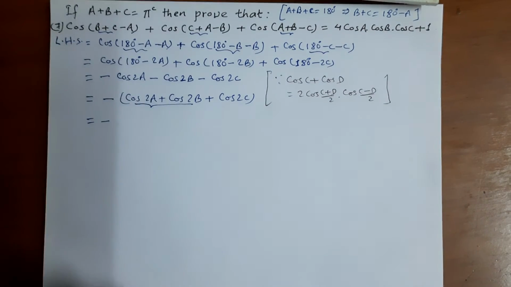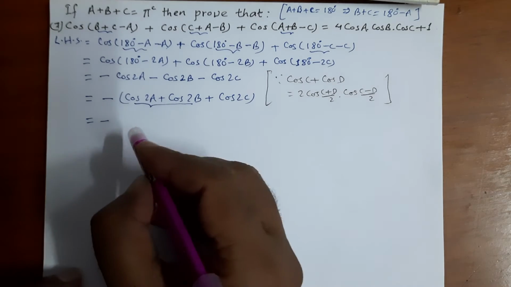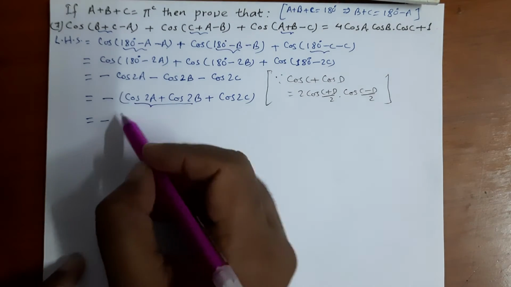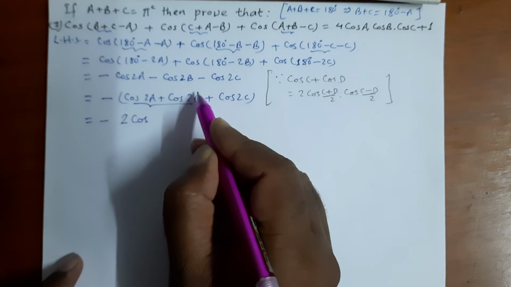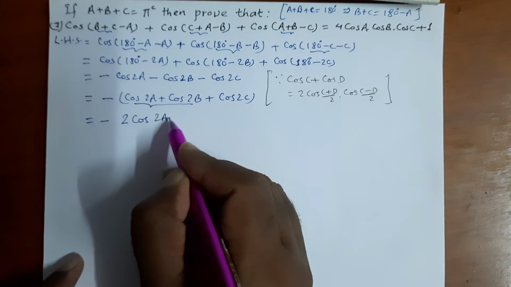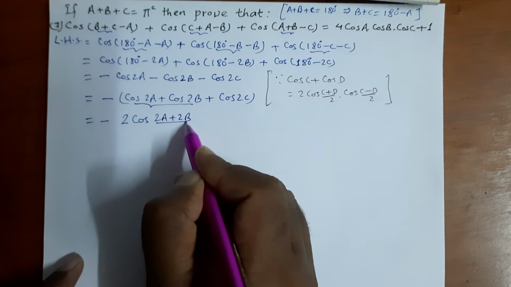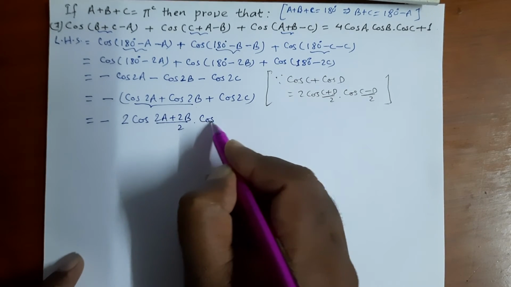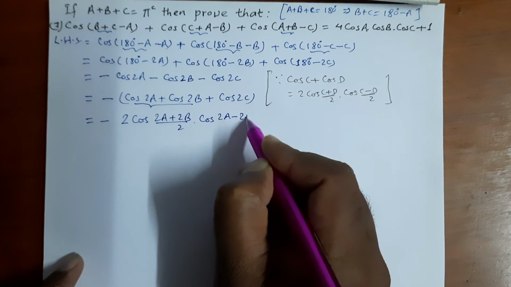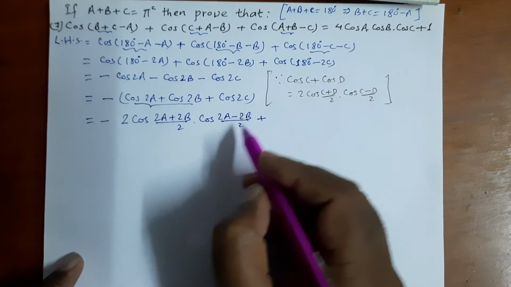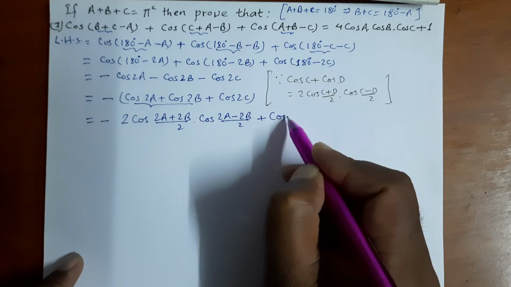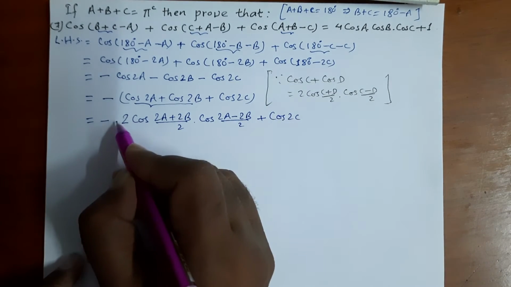We can use that formula, and this becomes 2 cos, in place of C we have 2A, in place of D we have 2B, so 2A plus 2B over 2 cos 2A minus 2B over 2, plus here cos 2C as it is.